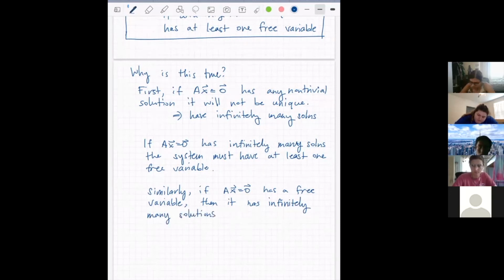And we know this because when we have a free variable, that's how we are able to write down the general solution with a parameter and see that we have infinitely many solutions because we have one for each value of that parameter, right? So if it has infinitely many solutions, that means it must have a non-trivial solution.